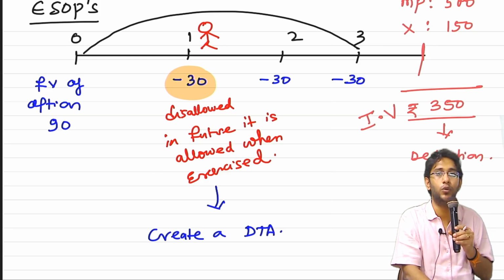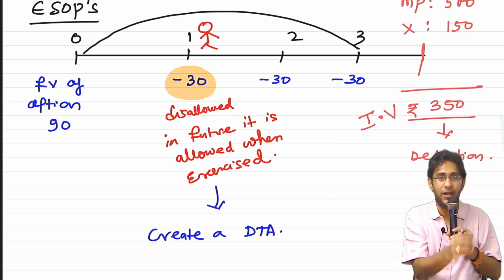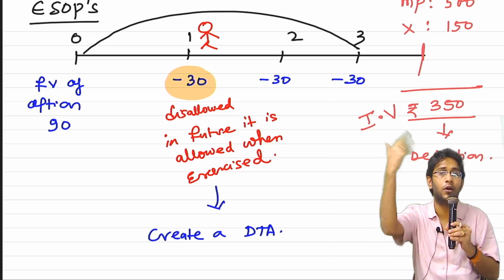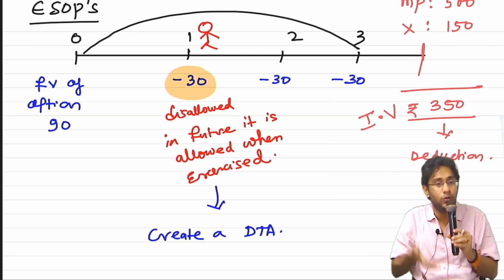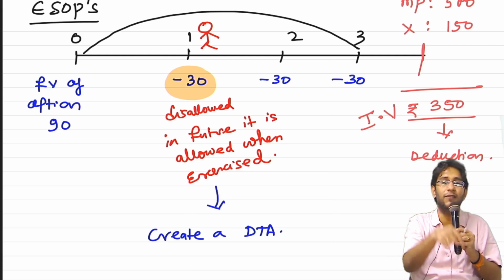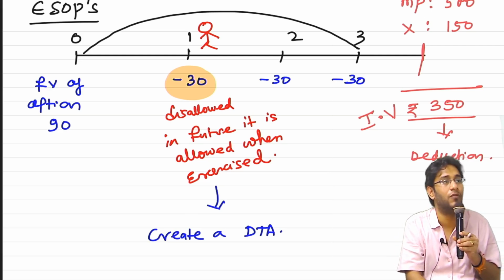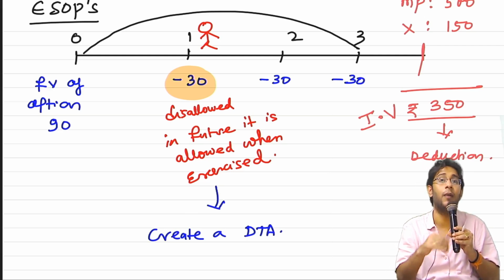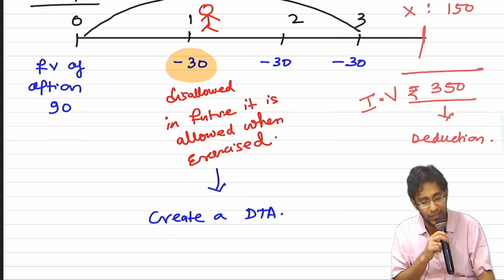He is going to allow you some deduction based on the market price of the share on the date of exercise. How will I know this today? I will not know. So how much DTA will you create today? I will not know. So how will you identify this? DTA creation is correct. Amount? For that there is only one trick.